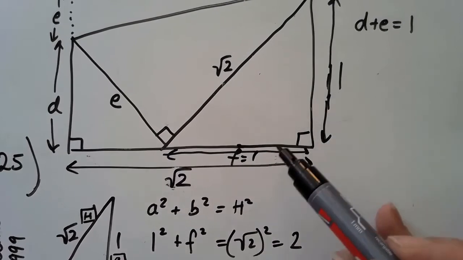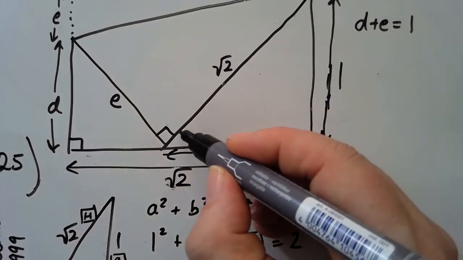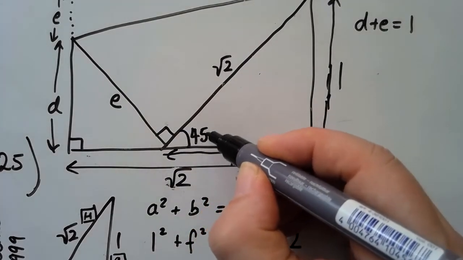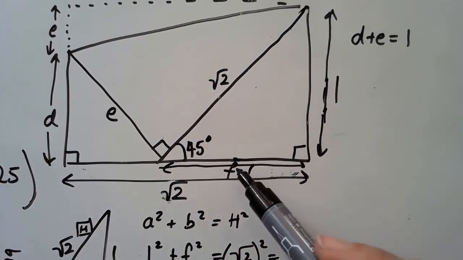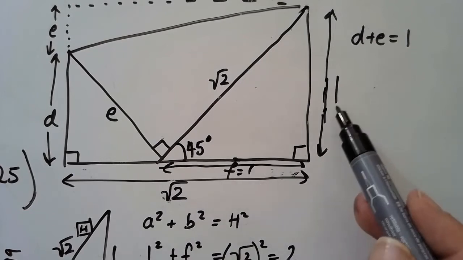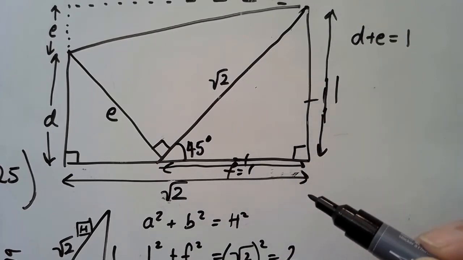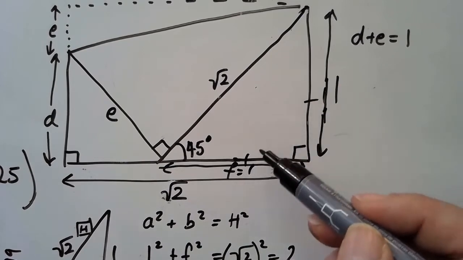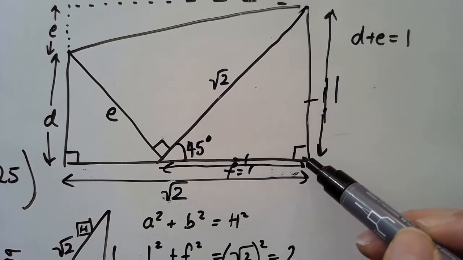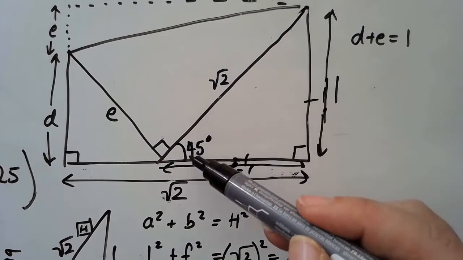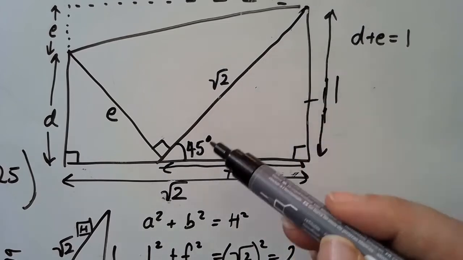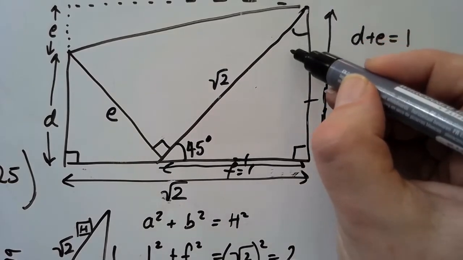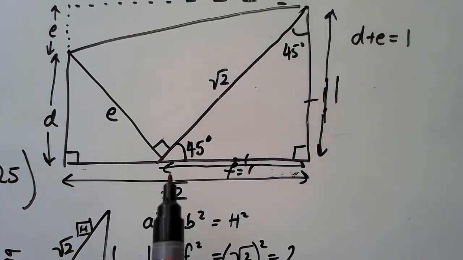If this length is 1 and this length is 1, then it becomes a right angle triangle where both sides are the same. It's an isosceles triangle. And if it's a right angle triangle, then these two angles are the same because it's isosceles, so this is going to be 45 degrees.